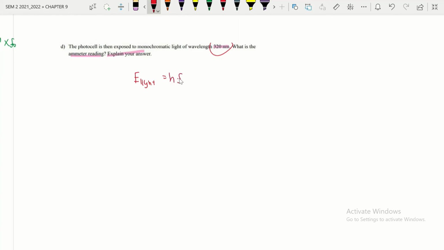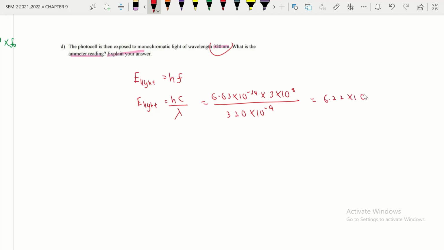Energy equals hf, but we don't have the frequency, we have the wavelength. So energy equals hc over lambda. h is 6.63 times 10 to the power of negative 34, c is 3 times 10 to the power of 8, and the wavelength is 320 times 10 to the power of negative 9. So you will get the answer 6.22 times 10 to the power of negative 19 joule.